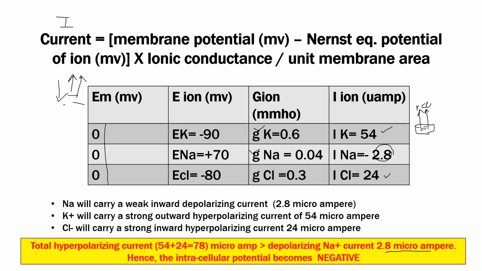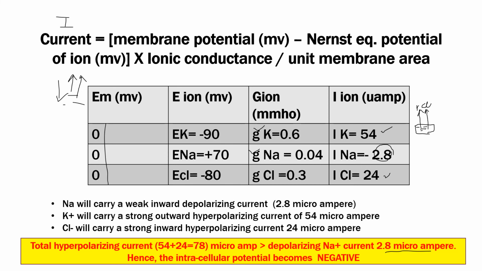And what about chloride? Chloride is also a hyperpolarizing current, and the current value is about 24. The only depolarizing current here is sodium, at 0.8.